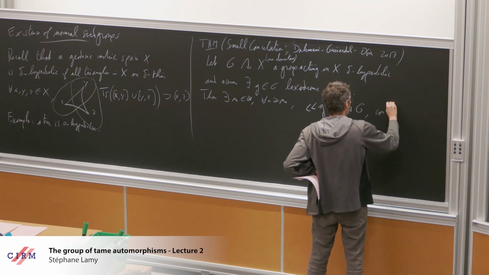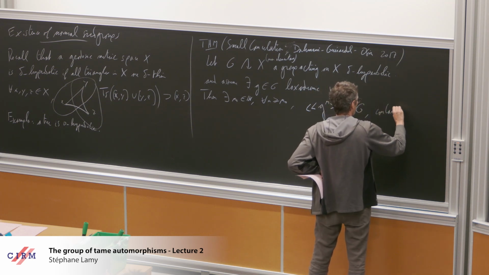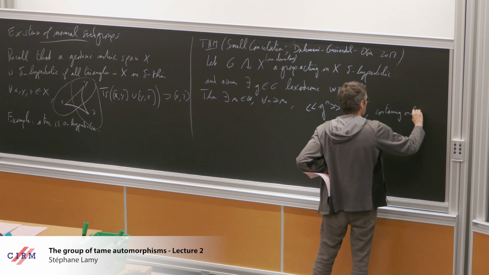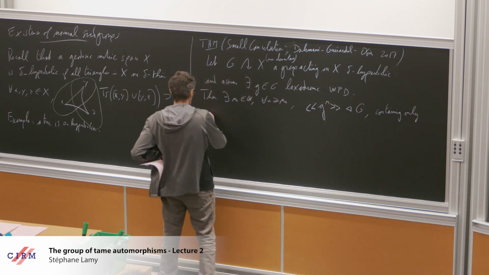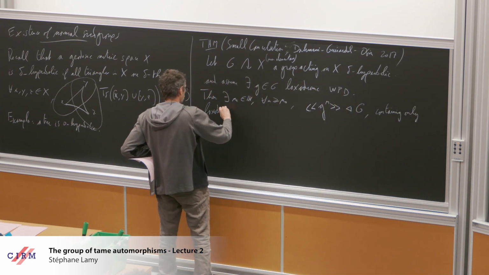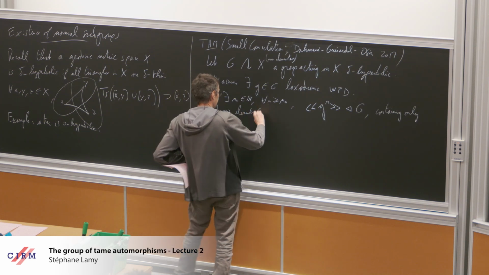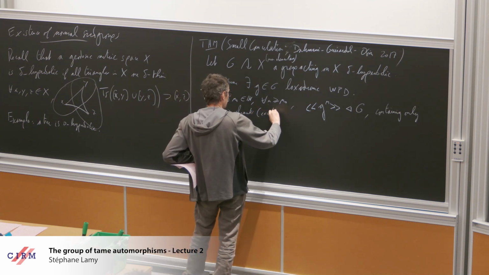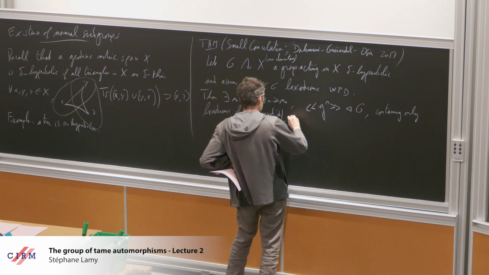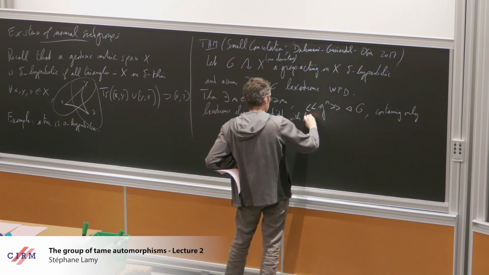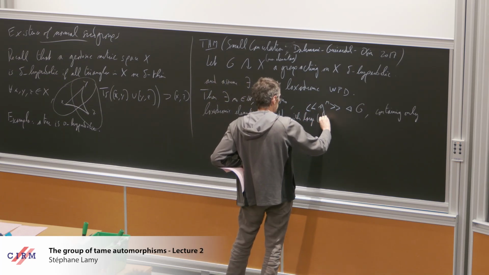So it contains only loxodromic elements, except identity, with large translation length.